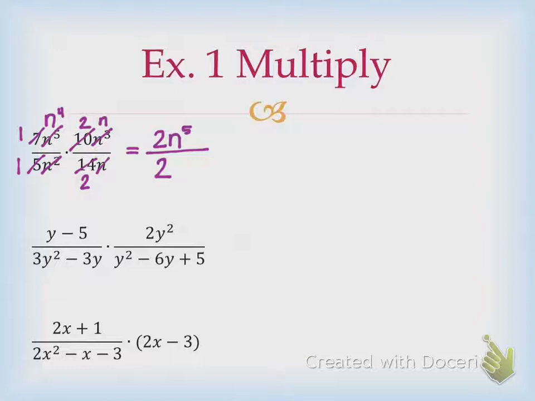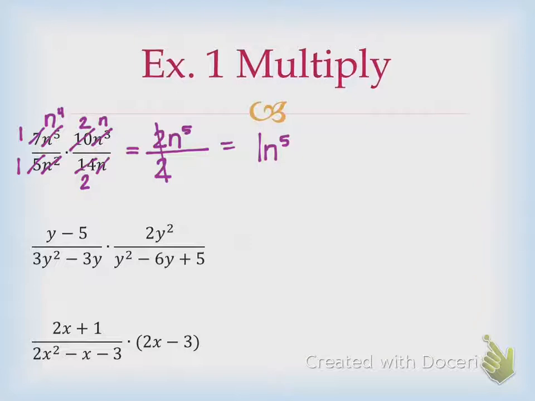I can cancel out the 2's because they're one on top of the other, and nothing is being added or subtracted, so there's no pair that I can't cancel out. If I have 2 over 2 and you leave an answer on the test that's 2 over 2, that's going to be wrong, because what is 2 over 2? 1. So I can simplify this to 1 n to the fifth, or you don't even have to write that 1 there.